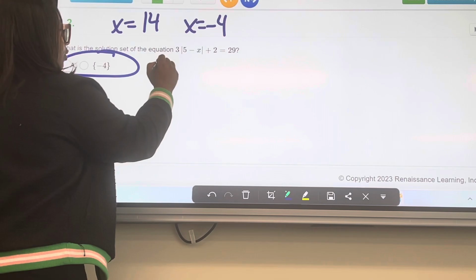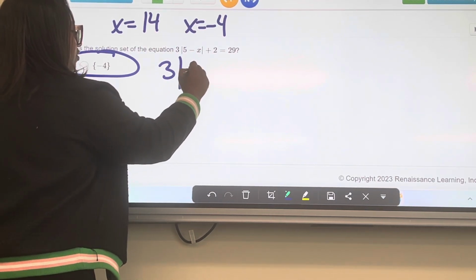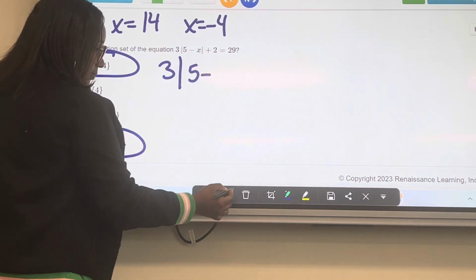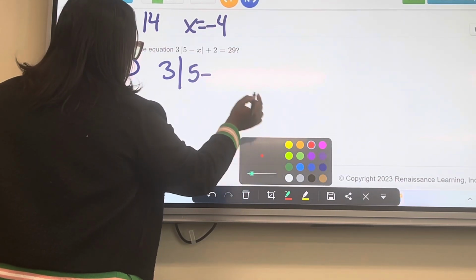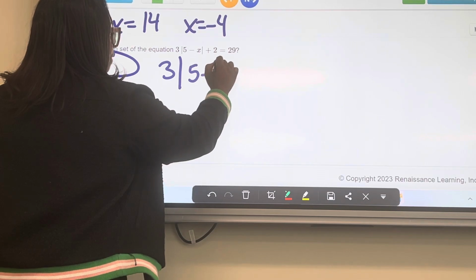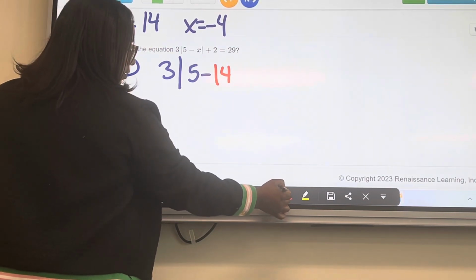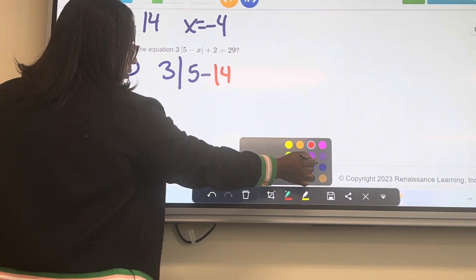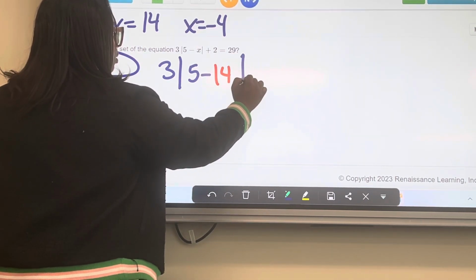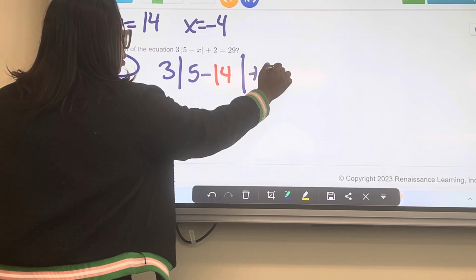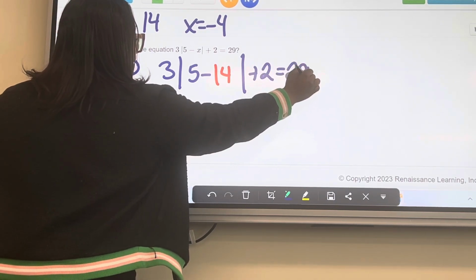So here we go. 3 times the absolute value of 5 minus 14, close absolute value, plus 2 equals 29.